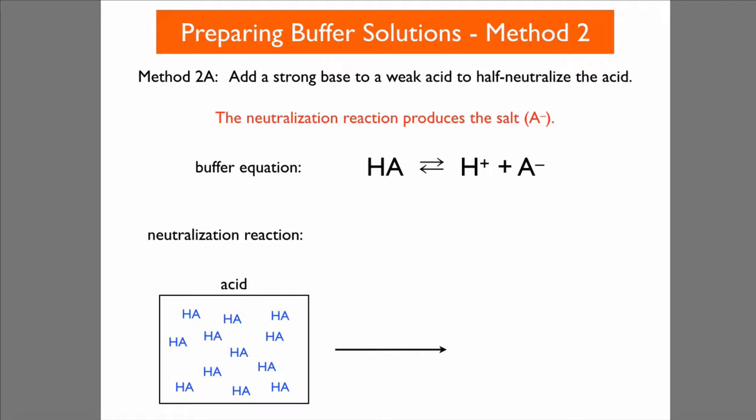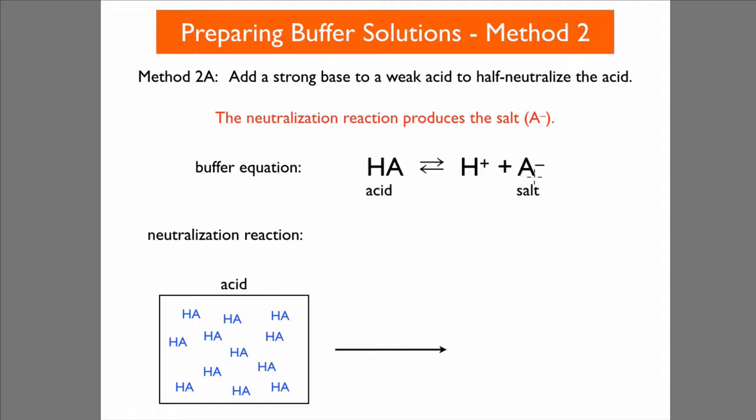Another method: add a strong base to a weak acid to half neutralize the acid, and that's the important bit. You want to only half neutralize it. The neutralization reaction produces a salt, A minus. The buffer equation would be the molecule, HA, dissociating into the hydrogen ion and the anion.